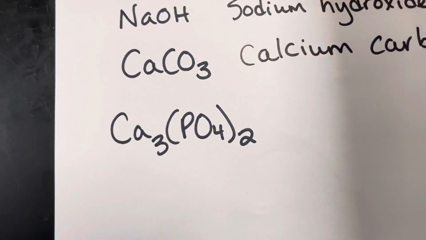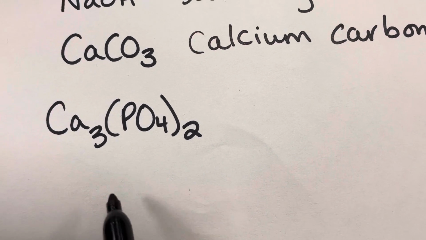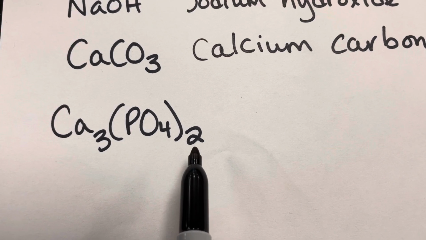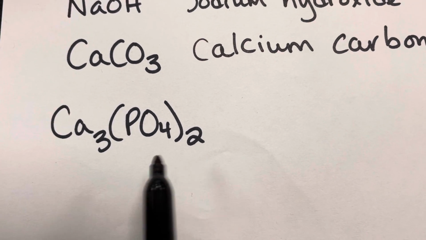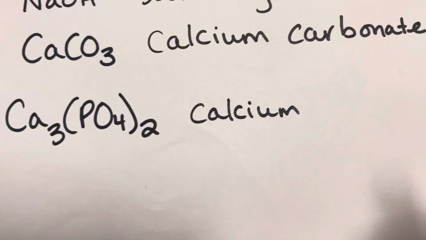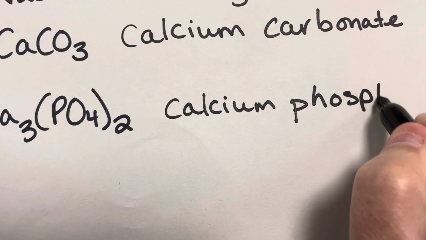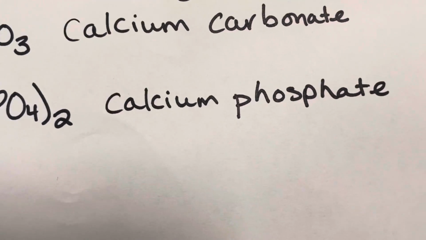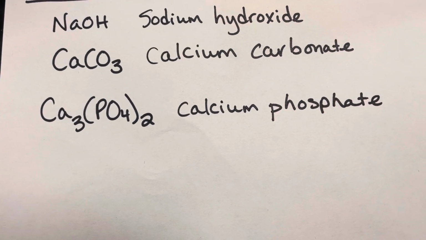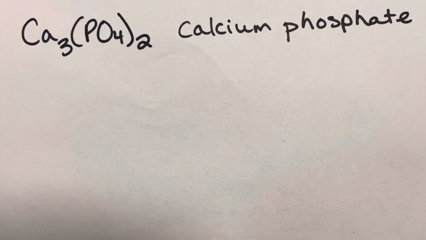So kind of like we did with the binary ionic compounds, we don't say anything about this 3 or this 2 because they're there just to help us balance out the charges. So we just name it calcium, and then PO4 was phosphate. So calcium phosphate.